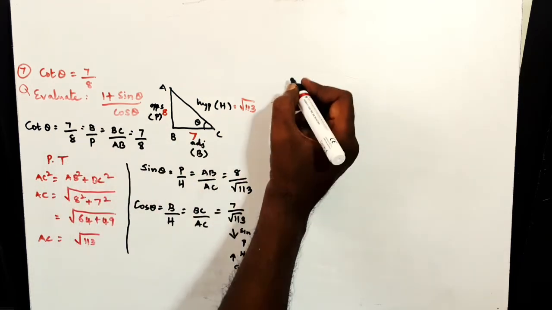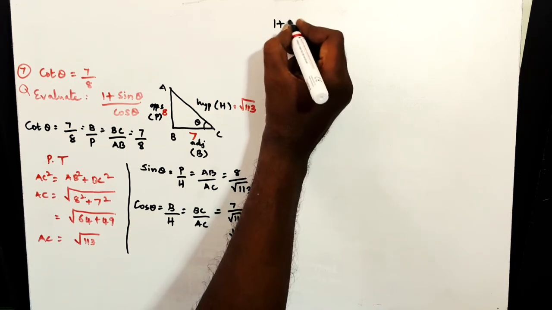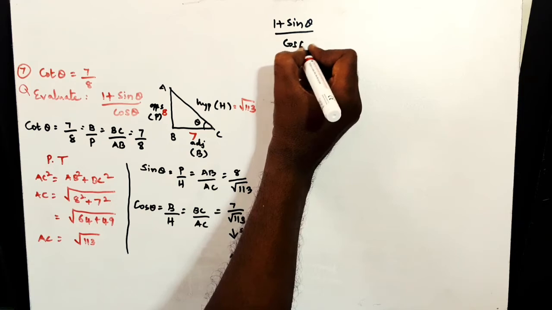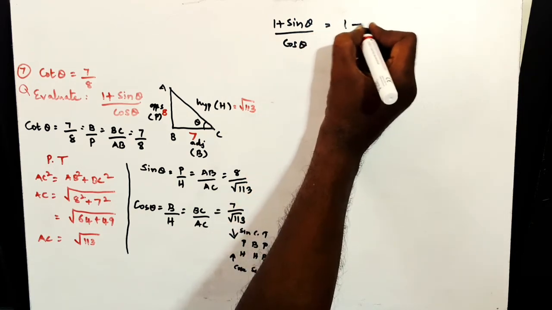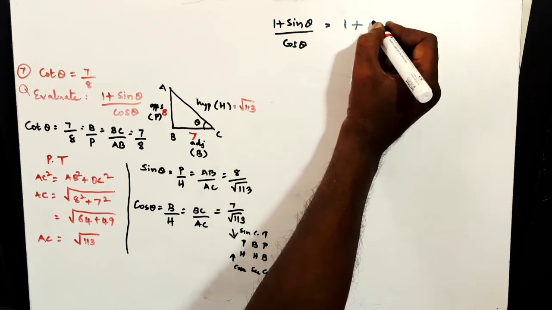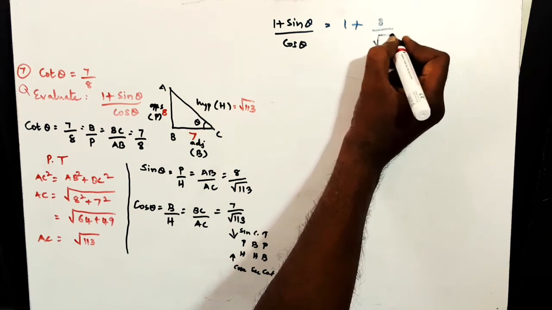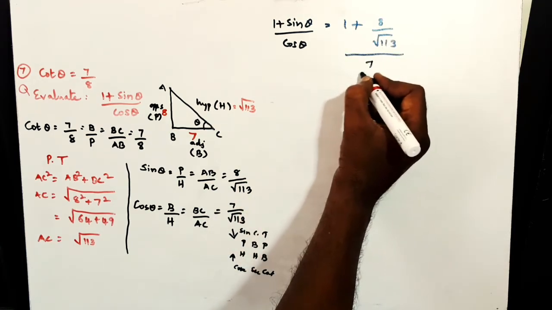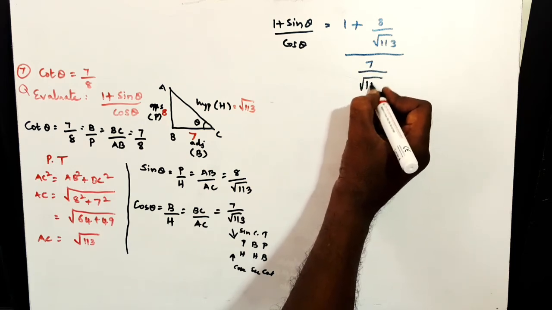Now we have to evaluate 1 plus sin theta by cos theta. 1 plus sin theta is 8 by root 113, cos theta is 7 by root 113.